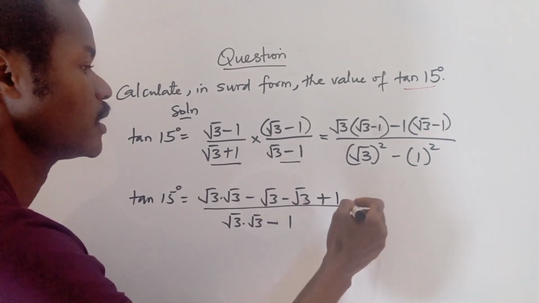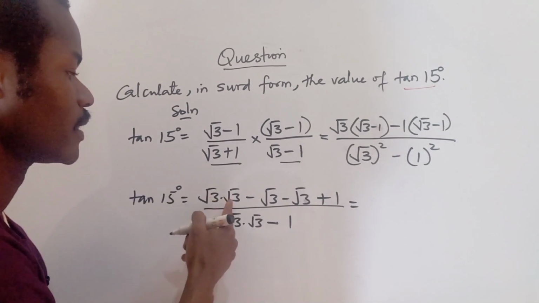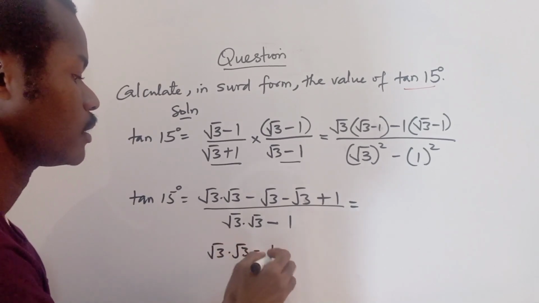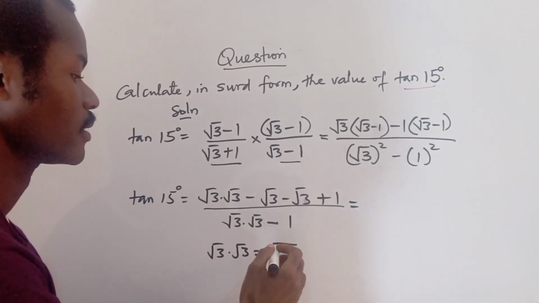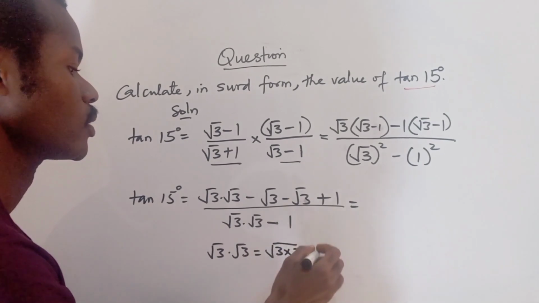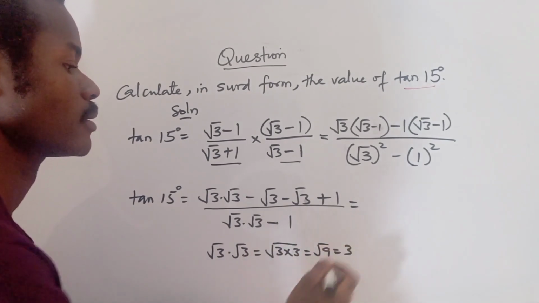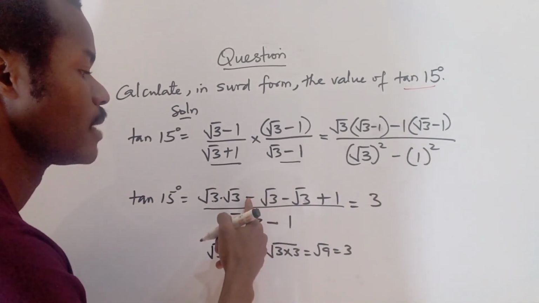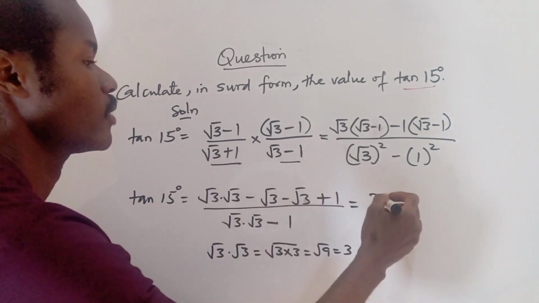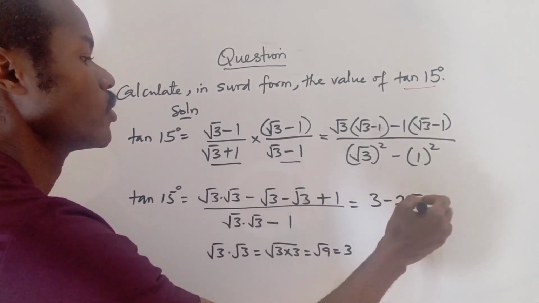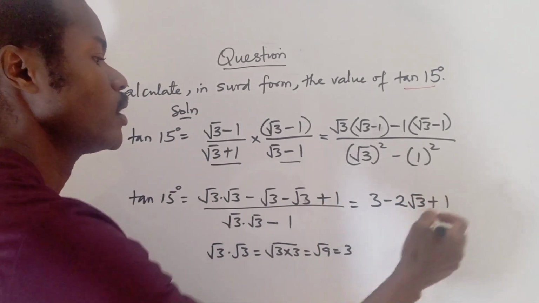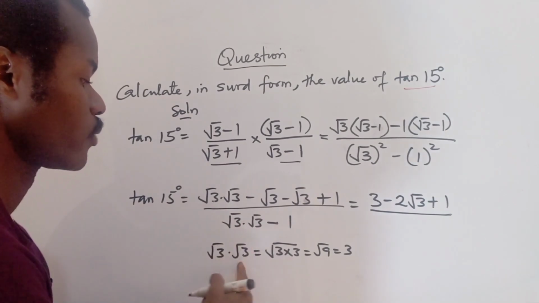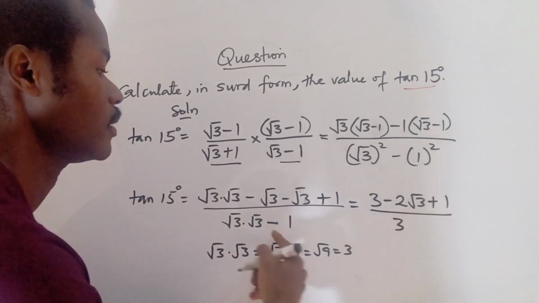So what would this give us? Square root of 3 times square root of 3, applying the principle of surds, is 3. Now minus root 3 minus root 3 is going to give us minus 2 root 3, so we have plus 1 divided by what? Root 3 times root 3 is 3.